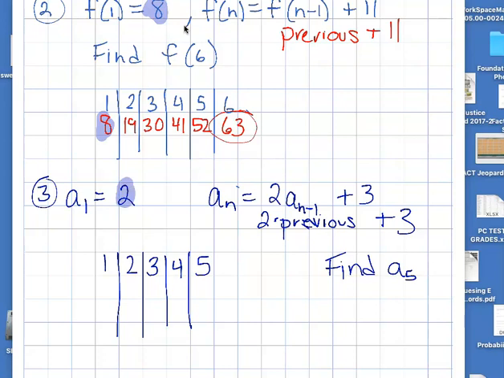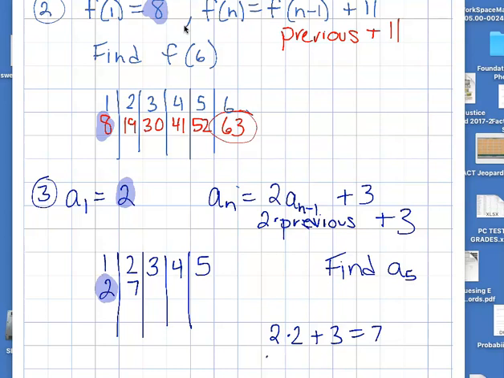Our first term is 2, and it says 2 times your previous plus 3. To get the second term, 2 times 2 plus 3 gives us 7.